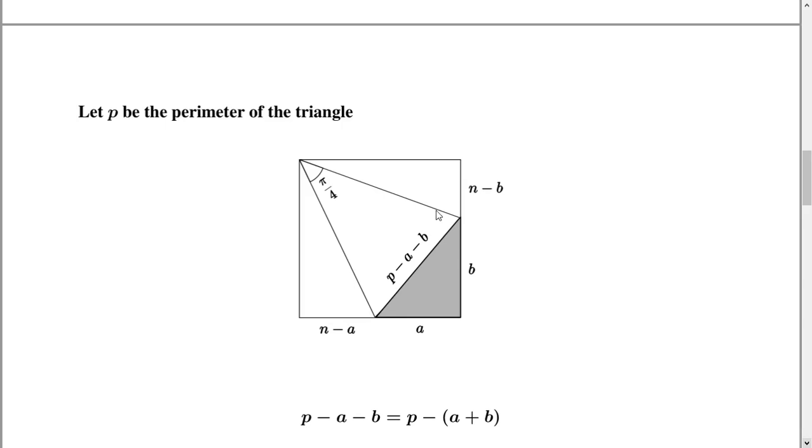It's quite easy to bring these two triangles together. Why? Because it's a square and this side has the same length as this side. So you can simply transform, in this case just rotate this triangle and bring it over here. That way n minus b and n minus a are brought together.